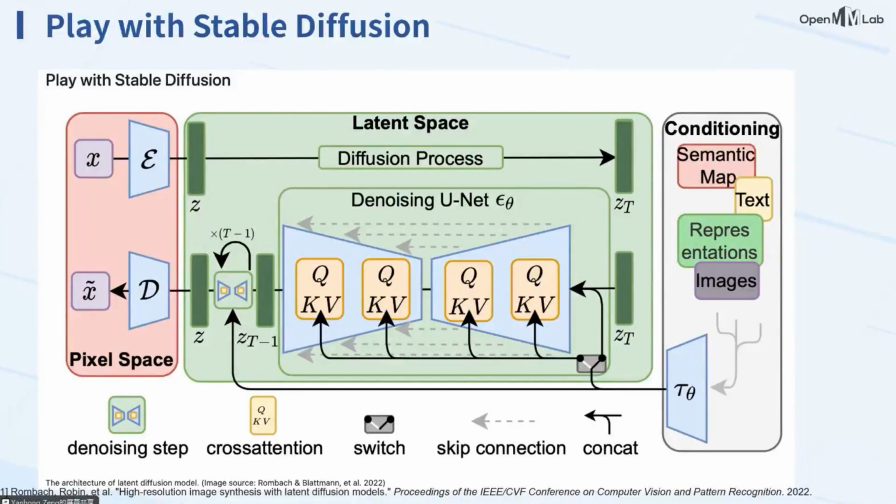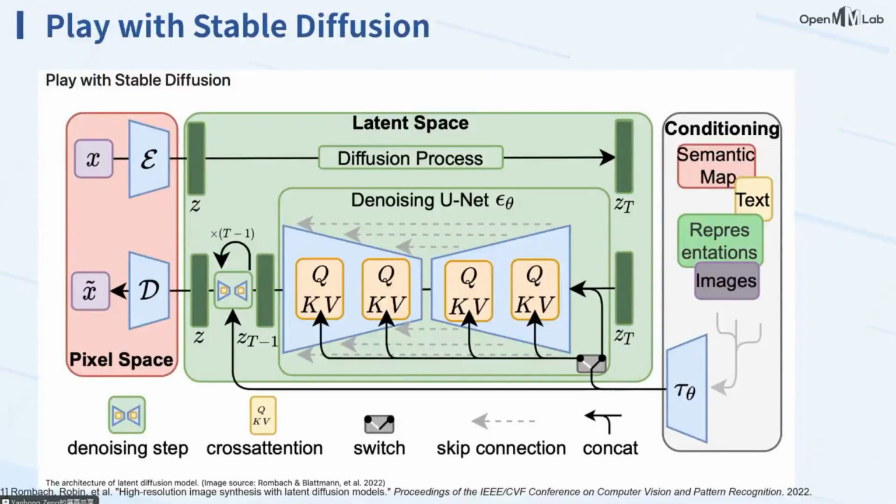And finally, we can turn a randomly sampled noise into a clean latent, which is finally used to decode into an image. And the third part denotes the conditioning part on the right.